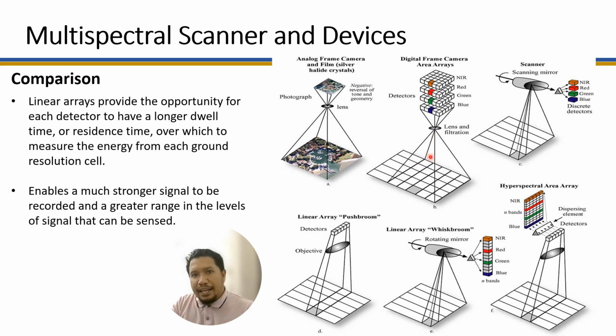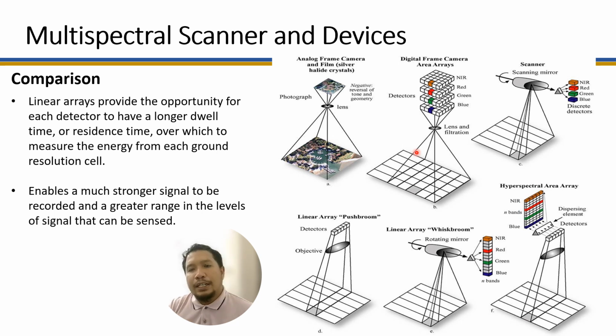Each band has its own set of detectors, as shown here, which capture the data simultaneously at one time. So this not only improves resolution but also provides better spectral fidelity, meaning we get clearer, more detailed images compared to analog film.